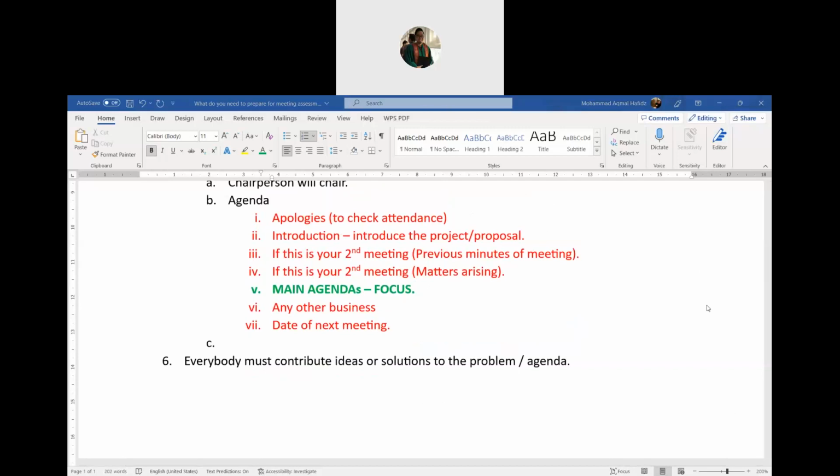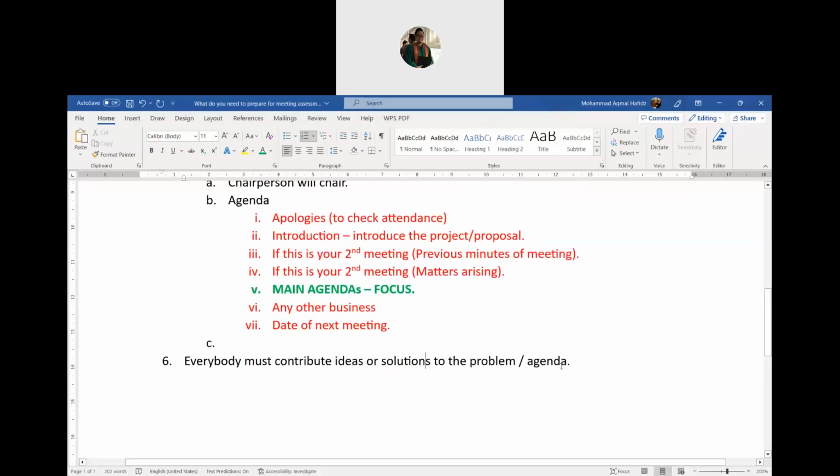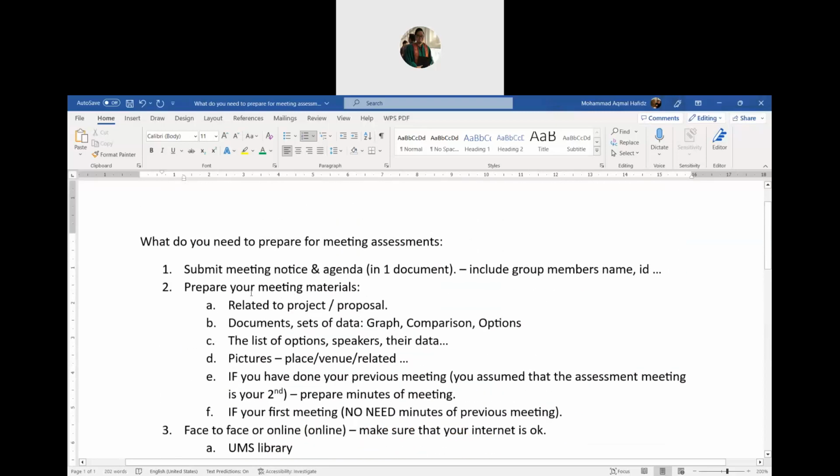How many of you? 27. Okay, 27. Right. All right. So, okay, everybody must contribute. Of course, you need to prepare your meeting materials, in the form of documents, data, and everything.